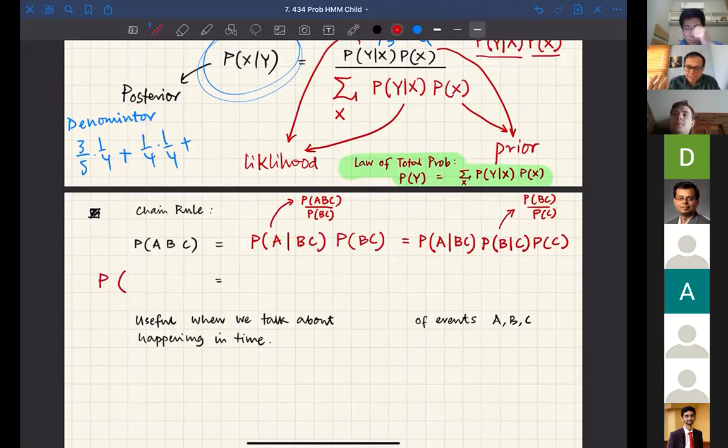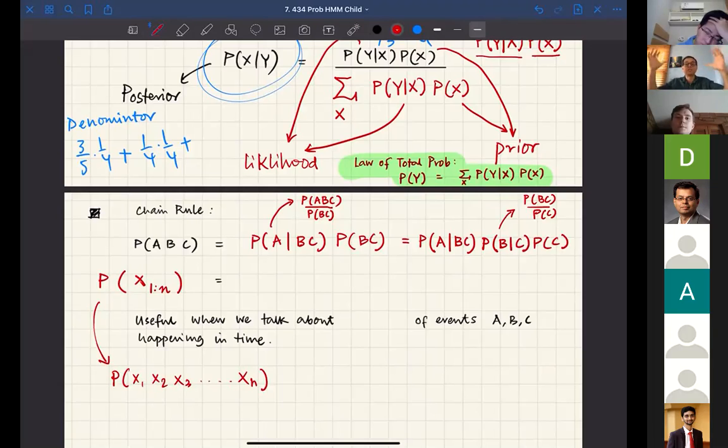So then I can write this more generally, probability of, let's say I think of a bunch of random variables x1 to n. This x1 to n means probability of x1, x2, x3, all the way till xn. I have n random variables and I'm looking at their joint distribution.